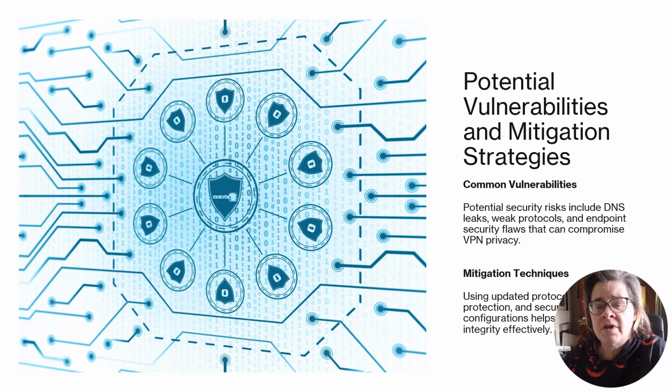Mitigations involve using updated protocols, leak protection techniques, and secure endpoint configurations to maintain VPN integrity. We'll cover DNS leaks and other problems like that. Cross-site scripting is not necessarily a VPN issue, but DNS leaks and man-in-the-middle attacks might be, along with other things that could be problems. We'll cover that in another video.